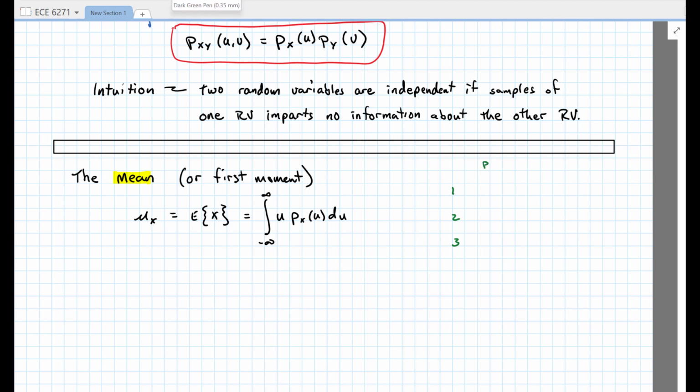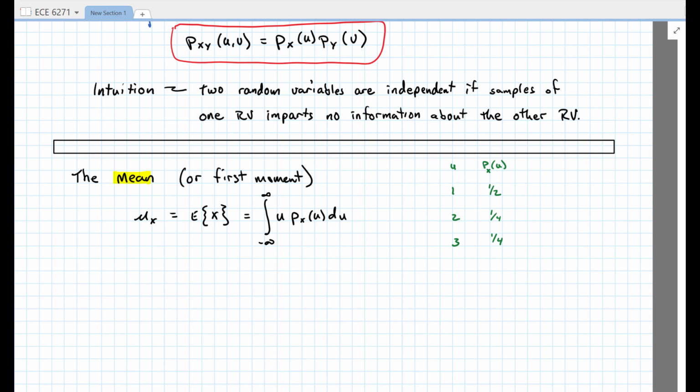And the probability of each of these values occurring is, say, 1/2, 1/4, and 1/4. So if we rolled this three-sided bizarre die many times, half the time it's going to come up with the value of 1, and the rest of the time it's going to come up with 2 or 3 with equal probability.